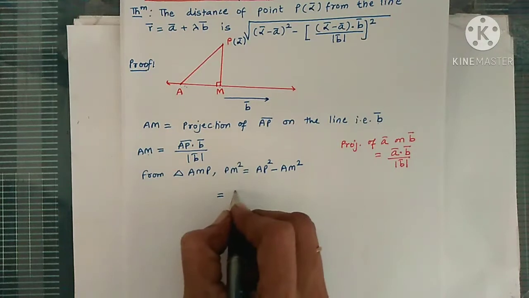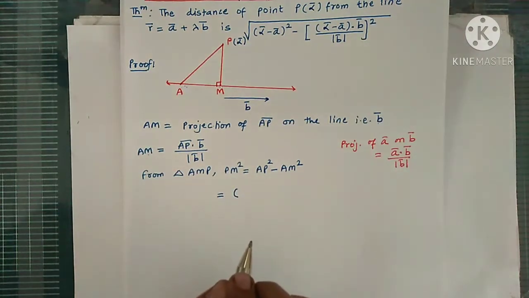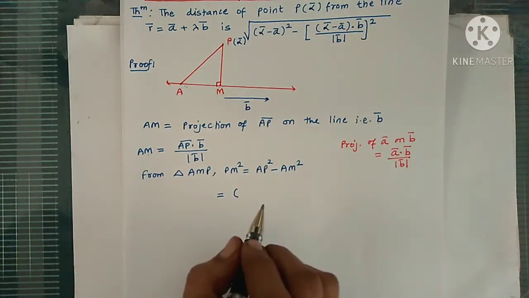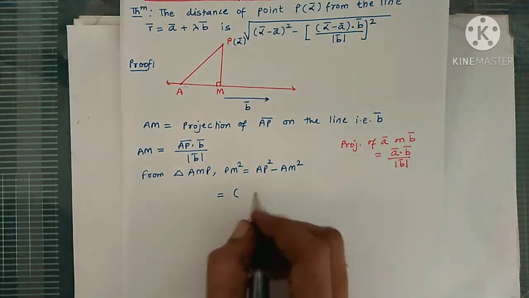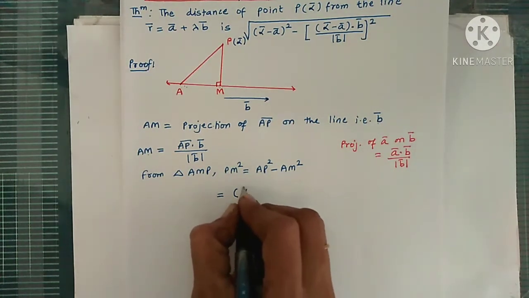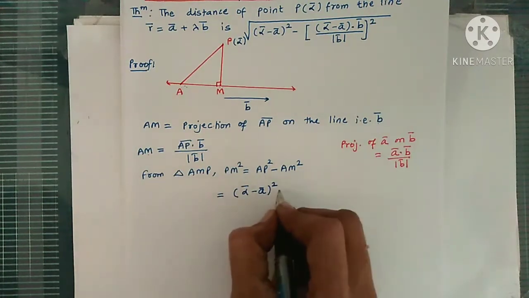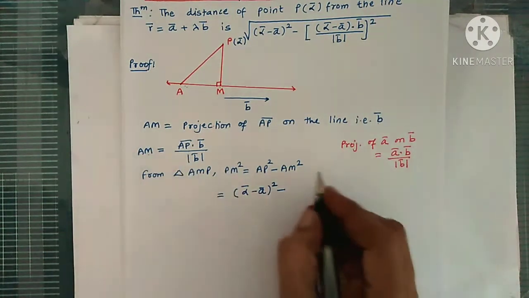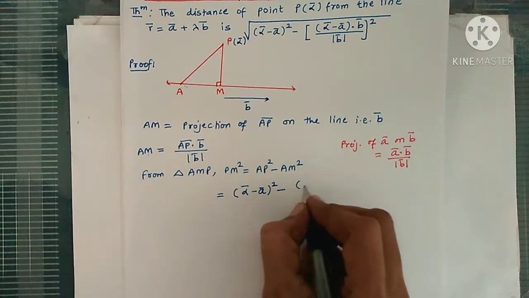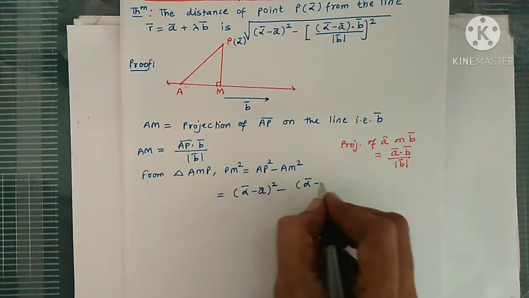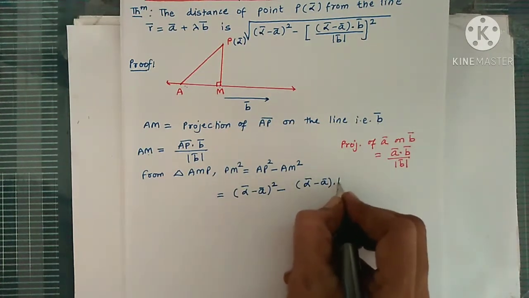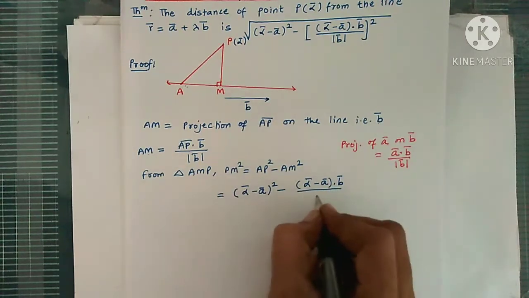AP square is P bar minus A bar square, but instead of P here, the position vector given is alpha bar. Position vector of P is alpha bar, so alpha bar minus A bar, square, minus AM square. AM is AP bar, so we can write it as alpha bar minus A bar dot B bar upon modulus of B bar.